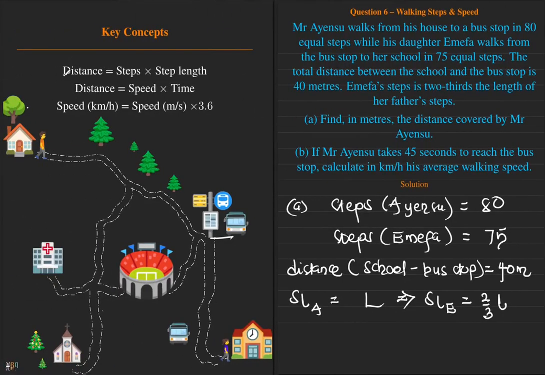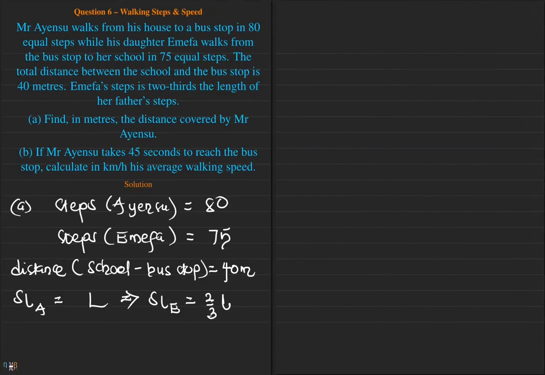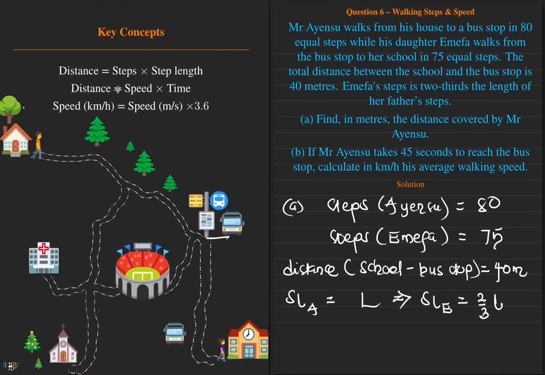Remember, the formula for distance is step length times the steps. So we can say that the total distance between the school and the bus stop, from the school all the way to the bus stop, is 40 meters.